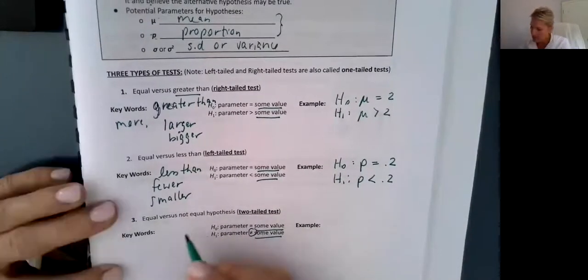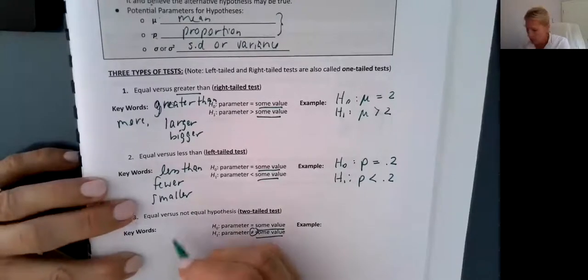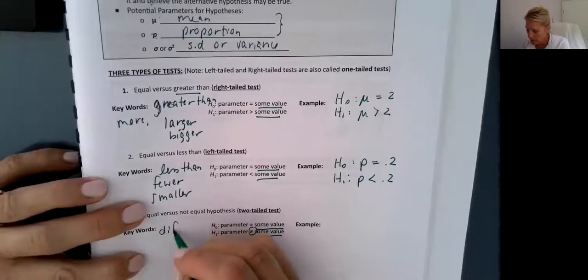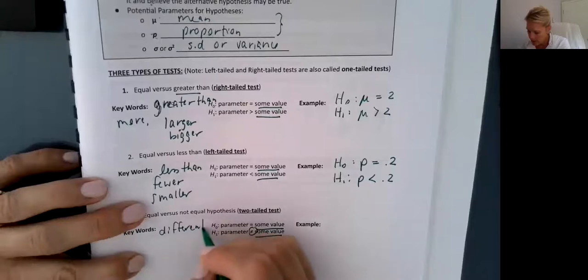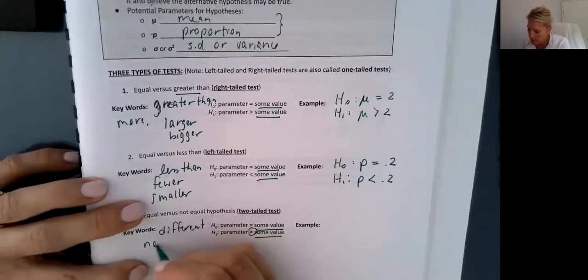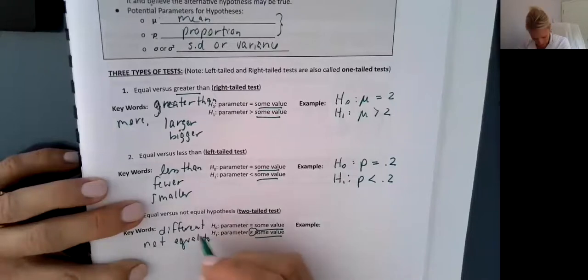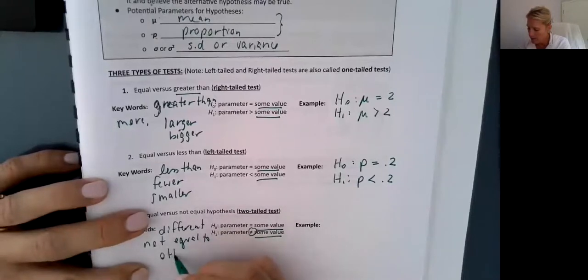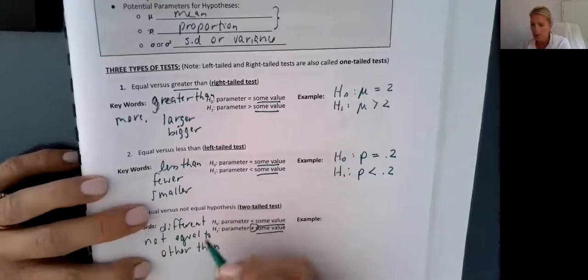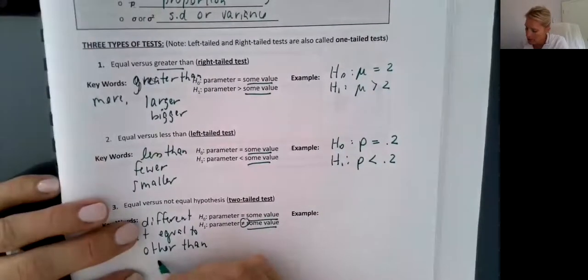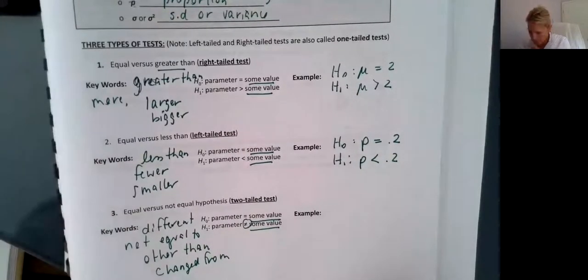So in this case, a two-tailed test, we're going to see words something like different, not equal to, other than. You might also read words that indicate changed from, something like that.